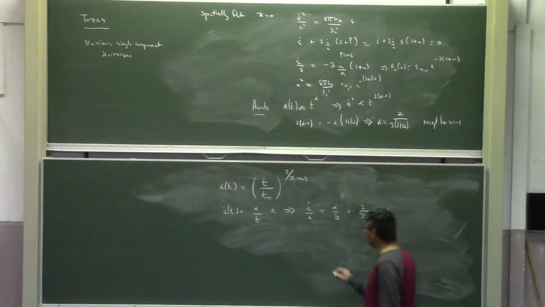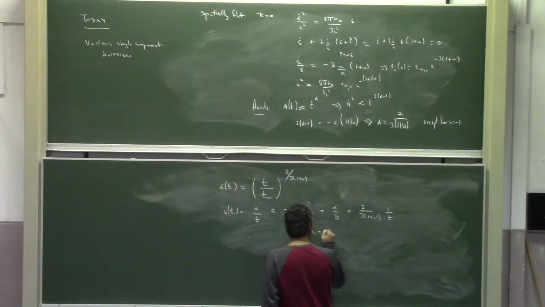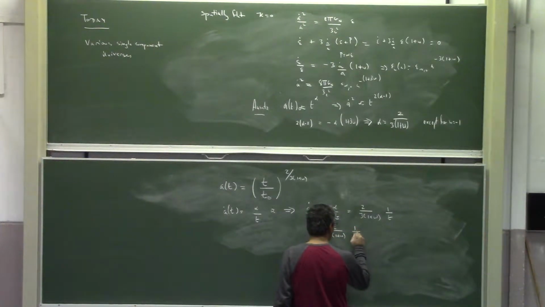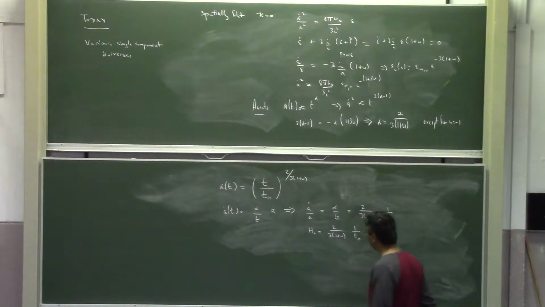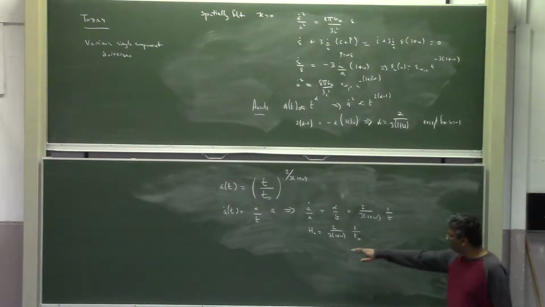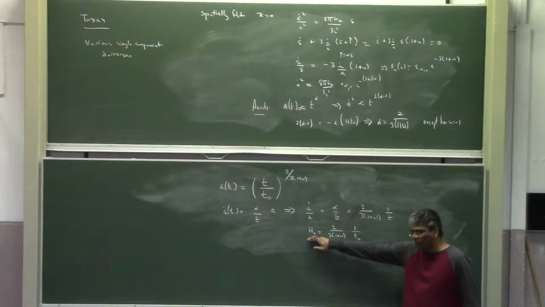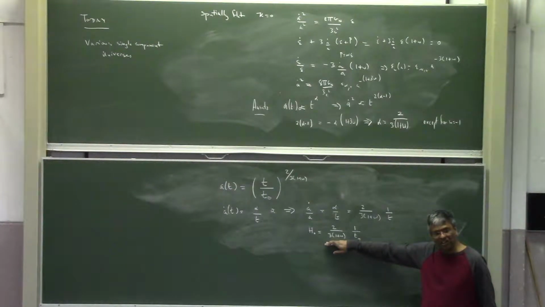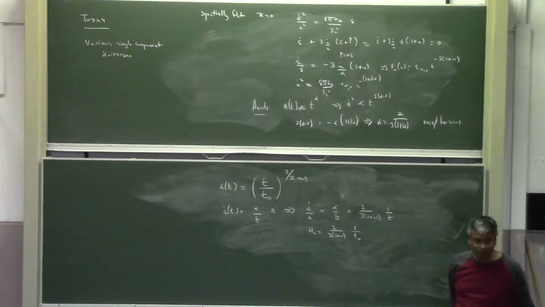So H0 is 2 over 3, 1 plus w, 1 over t0. So this tells us that the Hubble parameter we measure is proportional to the inverse of the age of the universe.